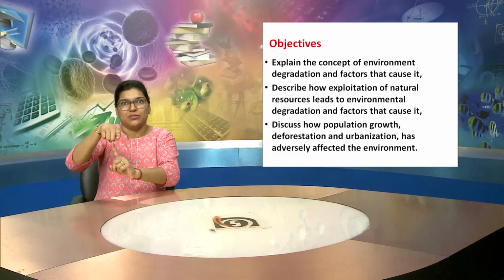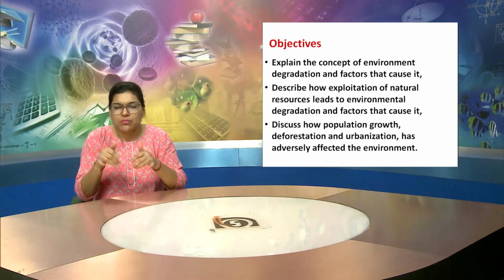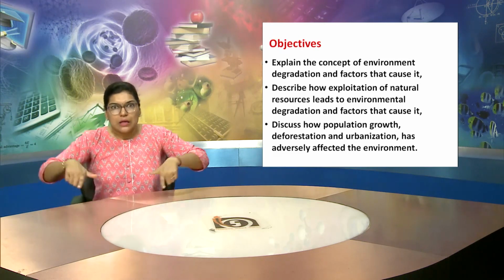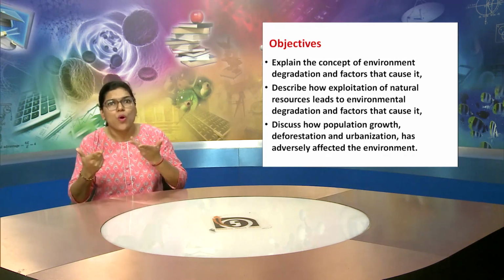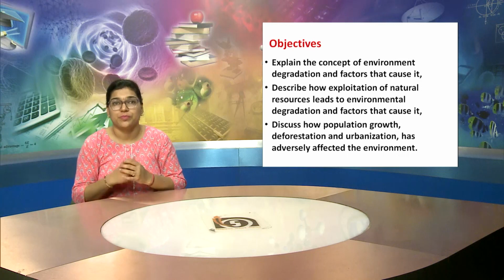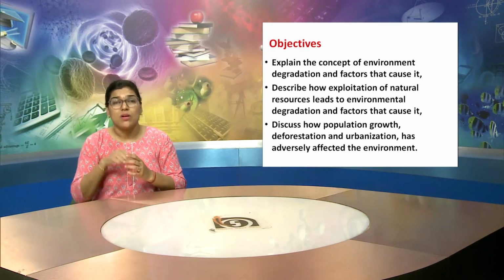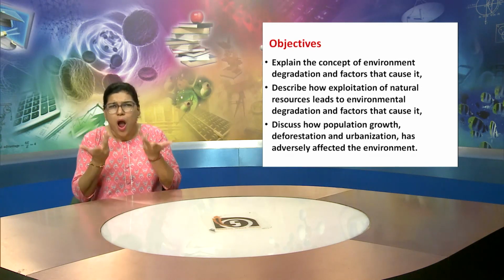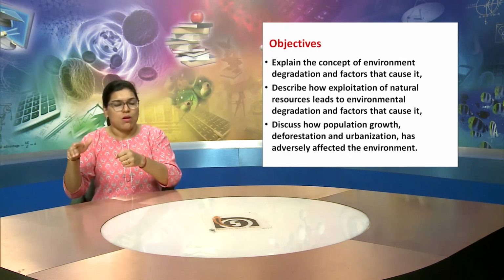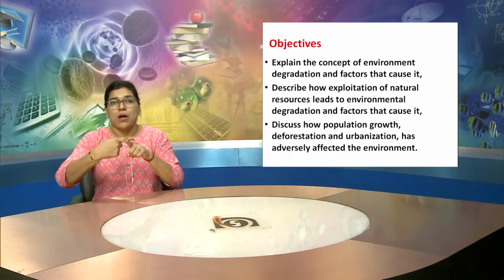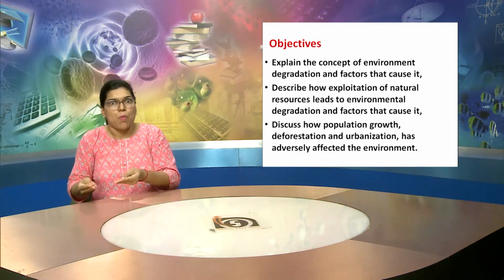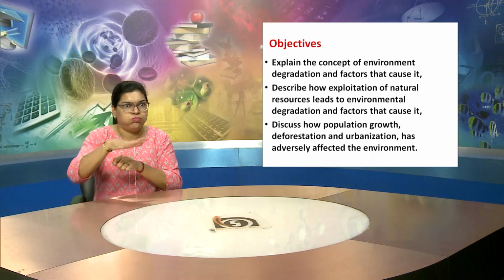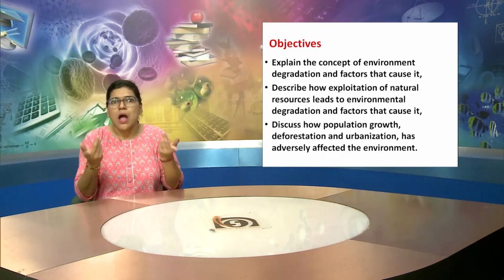The other objective is we will be able to describe how exploitation of natural resources leads to environmental degradation, and also we will understand the factors that cause it. The other objective is we will be able to discuss how population growth and deforestation and urbanization has adversely affected the environment.